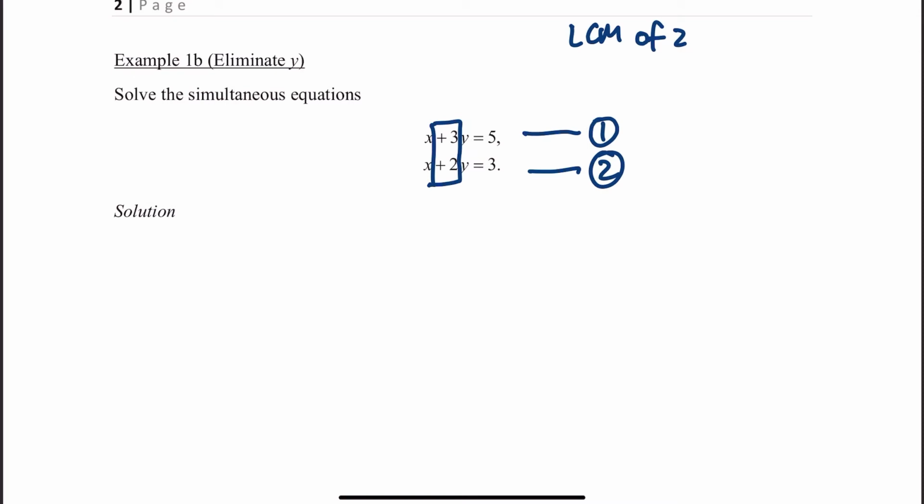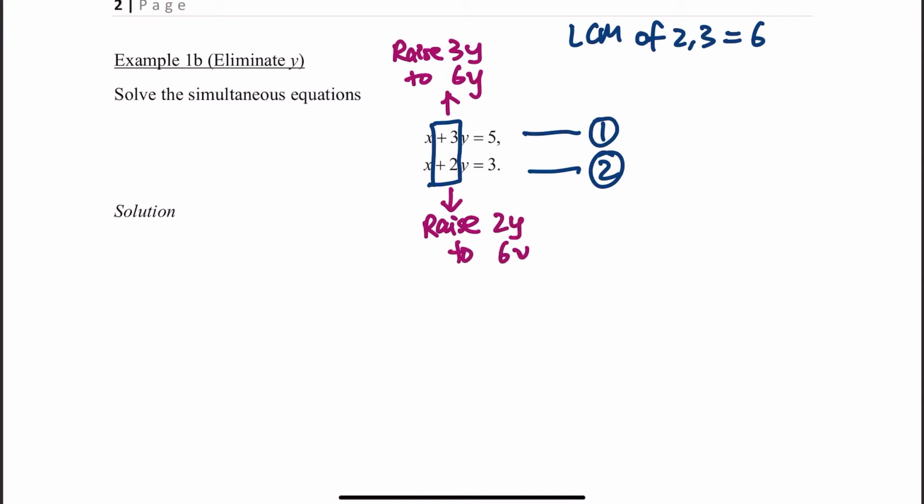LCM of 2 and 3 equals to 6. Therefore, what I'm actually doing here is to raise 3y to 6y. And the other one, I raise 2y to 6y. And if I were to do this, then both equations will have 6y. And 6y minus 6y means I can eliminate y. So that's the whole objective.